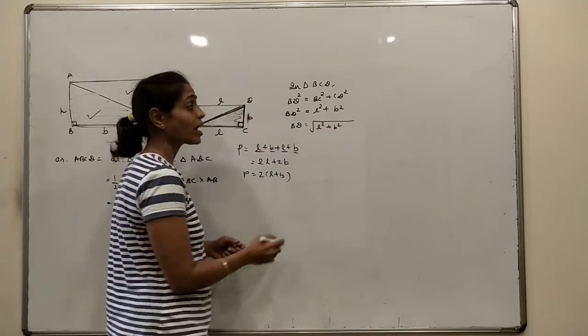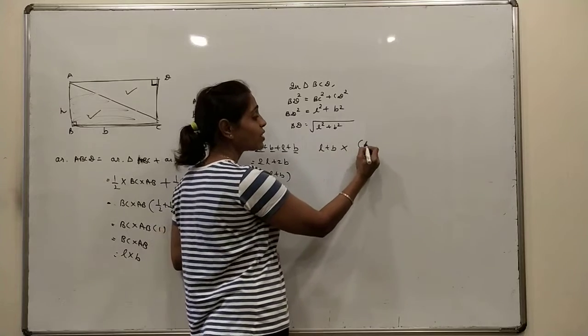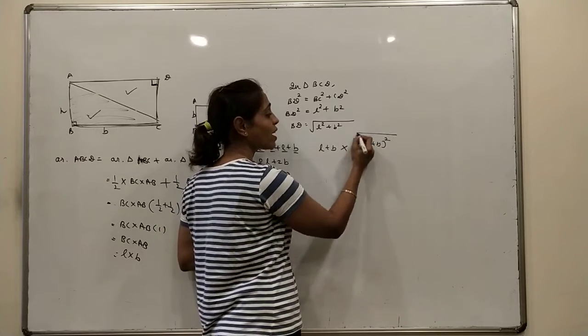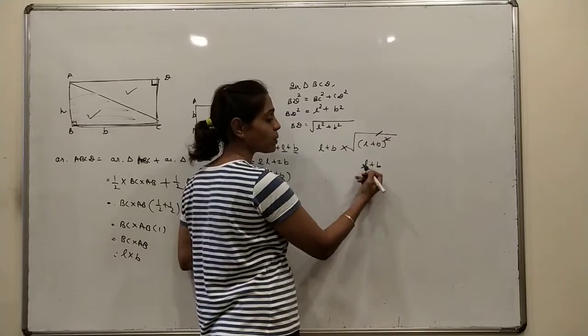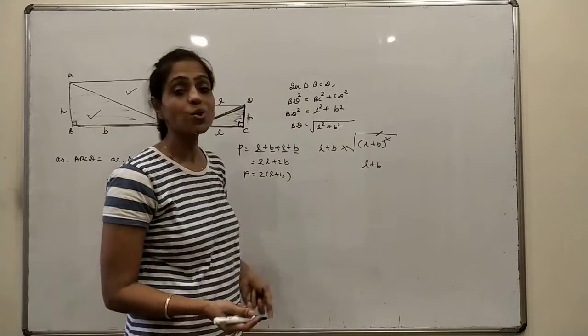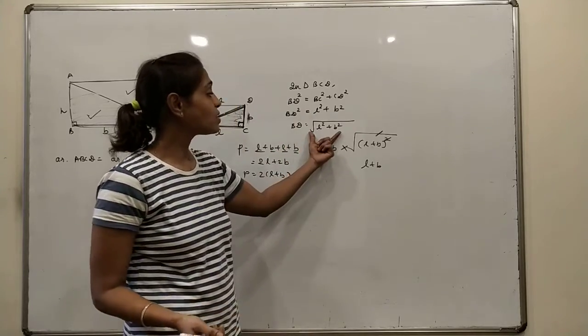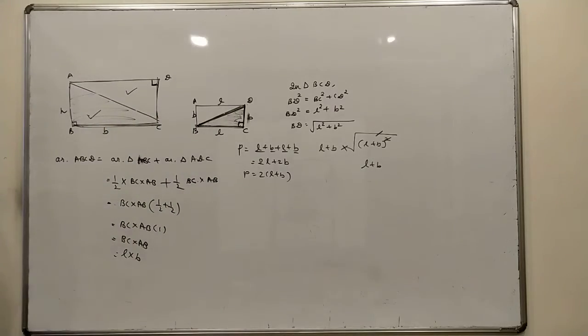This is the answer. Now don't say that the square root of B square gives L plus B. That is wrong. Whenever it is L plus B whole square under root, then and only then you can cancel the square and square root. Here it is not a whole square, each has its own individual square. So this is the answer of diagonal of rectangle.